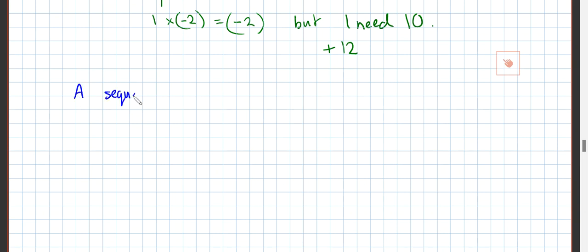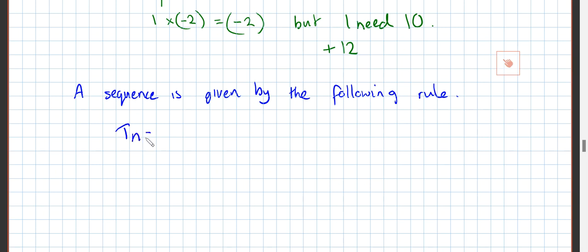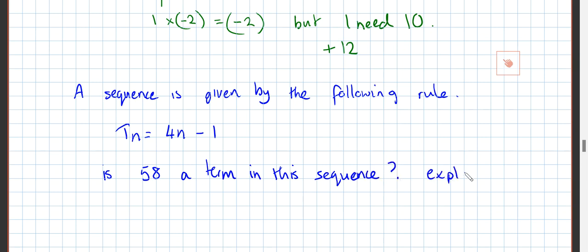So, a sequence is given by the following rule: Tn equals 4n minus 1. Is 58 a term in this sequence? Explain.